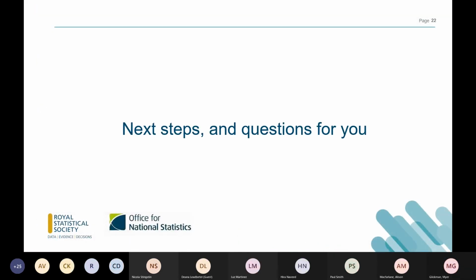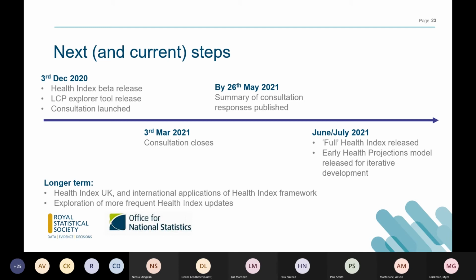So next we want to cover what we're doing next, take any questions from you, and also direct some questions to you, telling you the main things that we're trying to find out in this consultation period. So as I've mentioned, on the 3rd of December, we released the Health Index beta for the first time and launched our public consultation. That consultation is open for 3 months, during which we're promoting the index with webinars such as this.